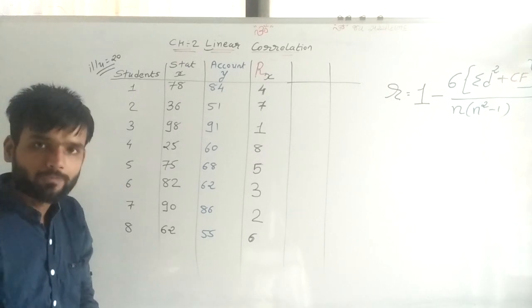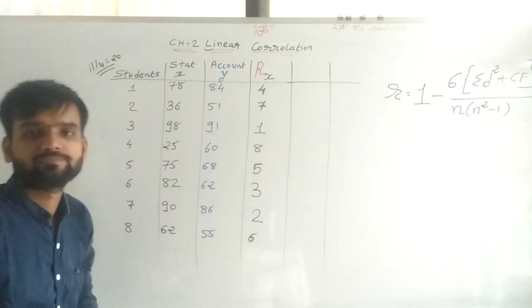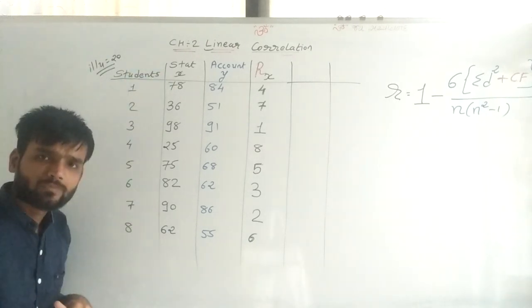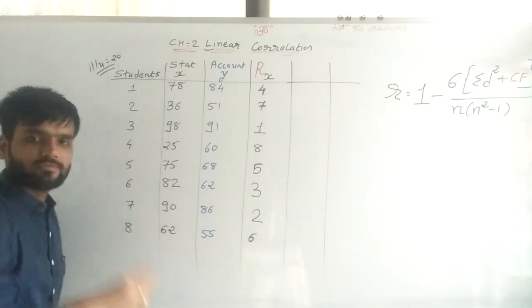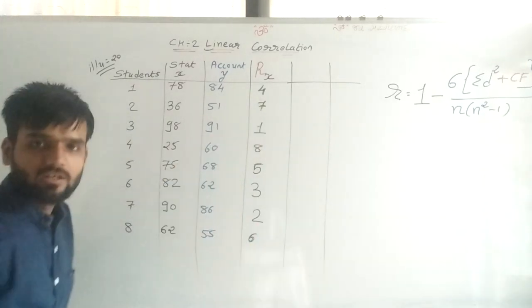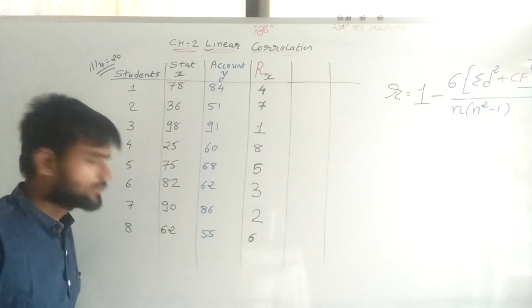Now in this way, first of all, give rank. Here no student is there whose marks are equal. All students are getting different marks. So rank calculation is very easy for this particular sum.